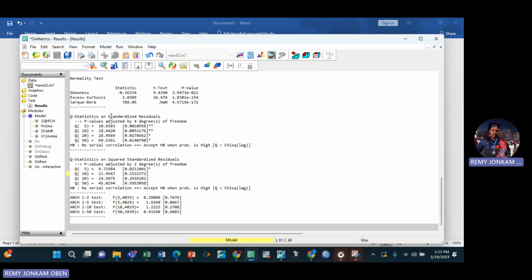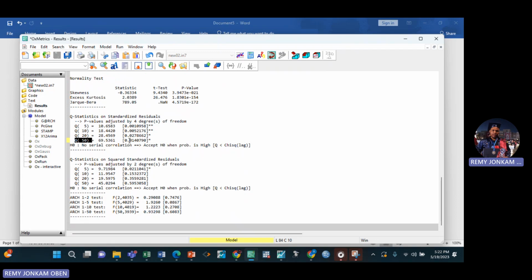Again, this one is just on standardized residuals. So it's telling us if it has solved the serial correlation problem in the return series, in the standardized residuals. But with the squared standardized residuals, which is actually what we are interested in, we are going to see if it has eliminated the serial correlation in the volatility series. So for instance, like I told you, since you have a high number of observations, focus on the higher lag.